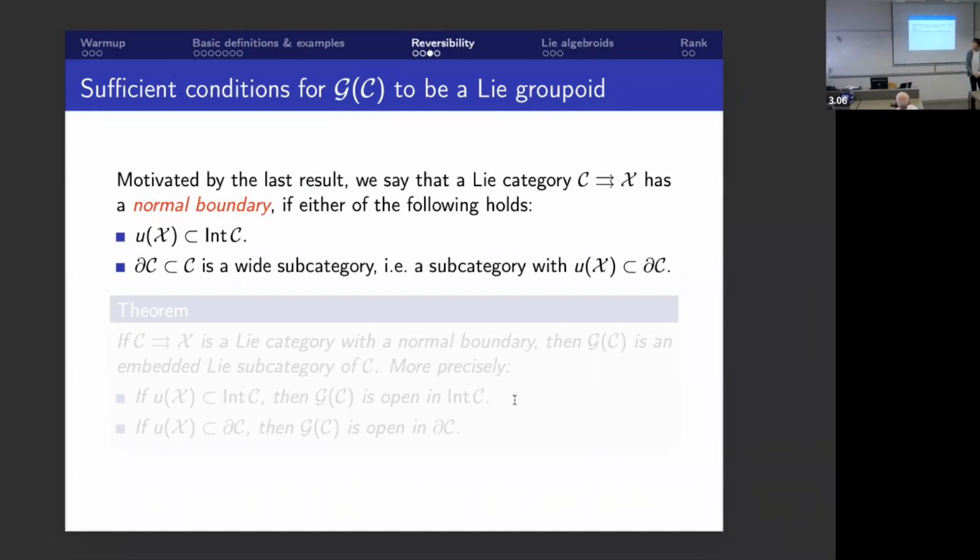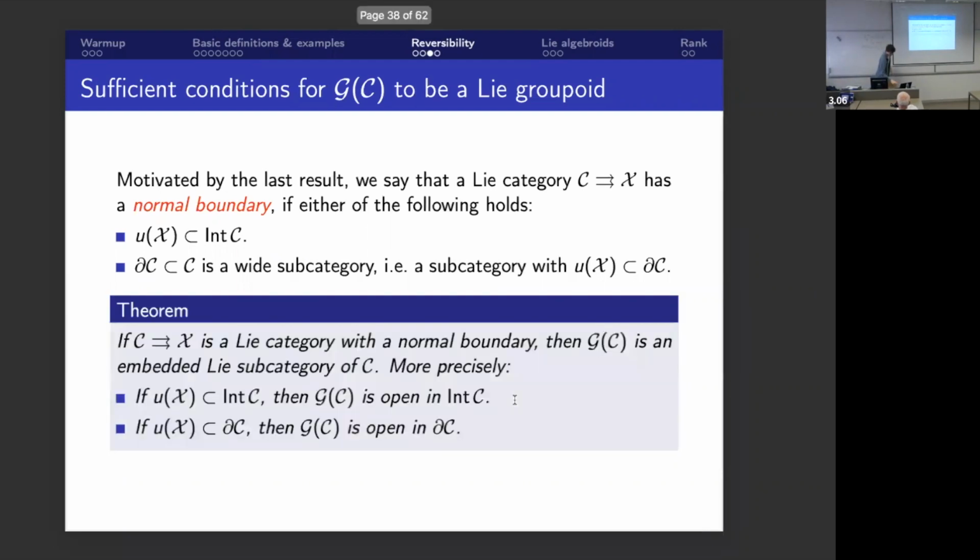But it turns out we also have to impose a certain condition, namely that the boundary of the set of all morphisms is a subcategory in itself. This literally means that if you multiply two things from the boundary, you stay in the boundary. That's all. And in this case, we do get that the core is a Lie subgroupoid.